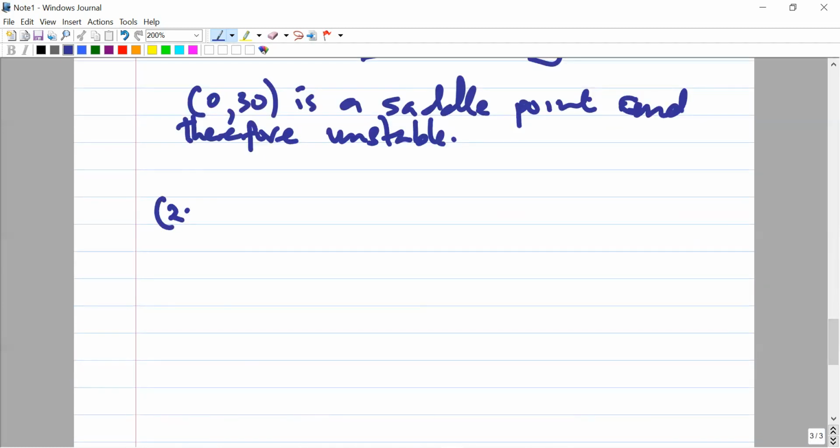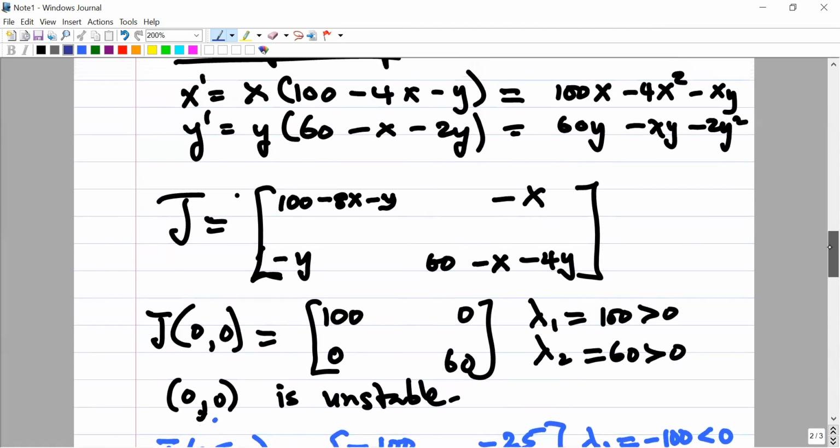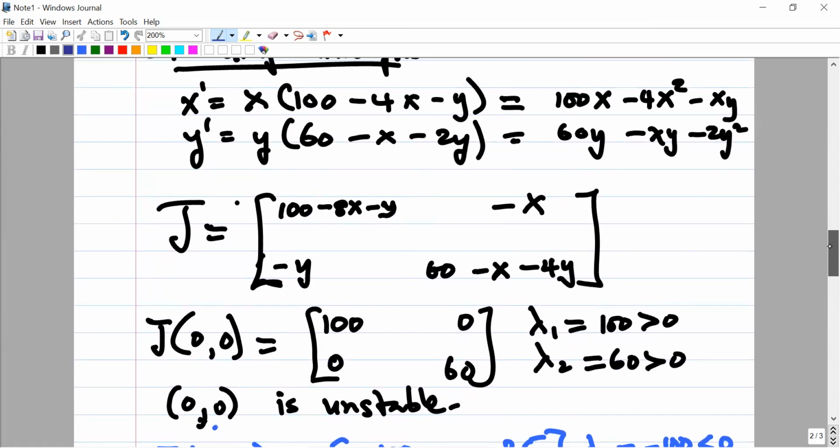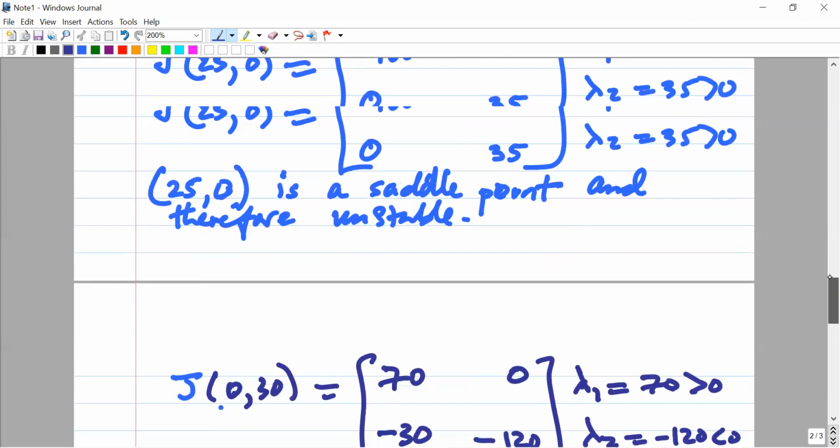So let's look at the equilibrium point 20, 20. What is the outcome? That's 100 minus 160, that's minus 60, minus 20, which is minus 80.